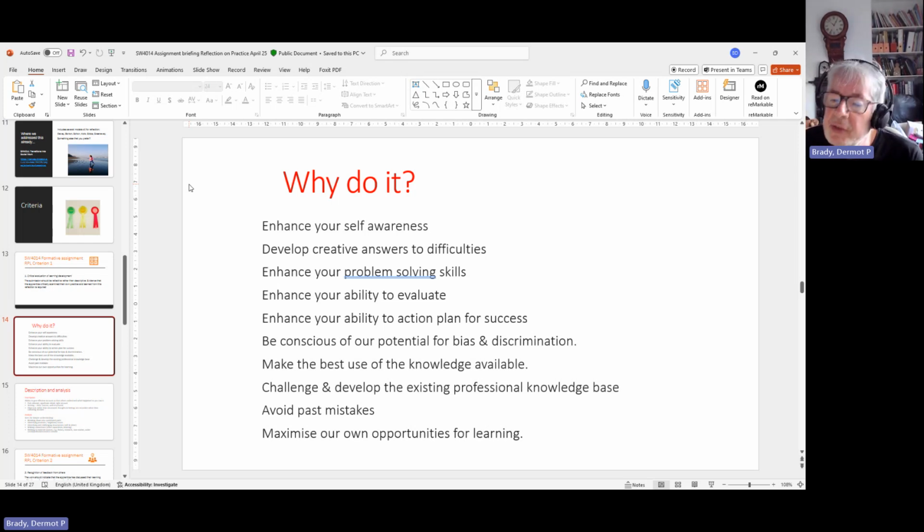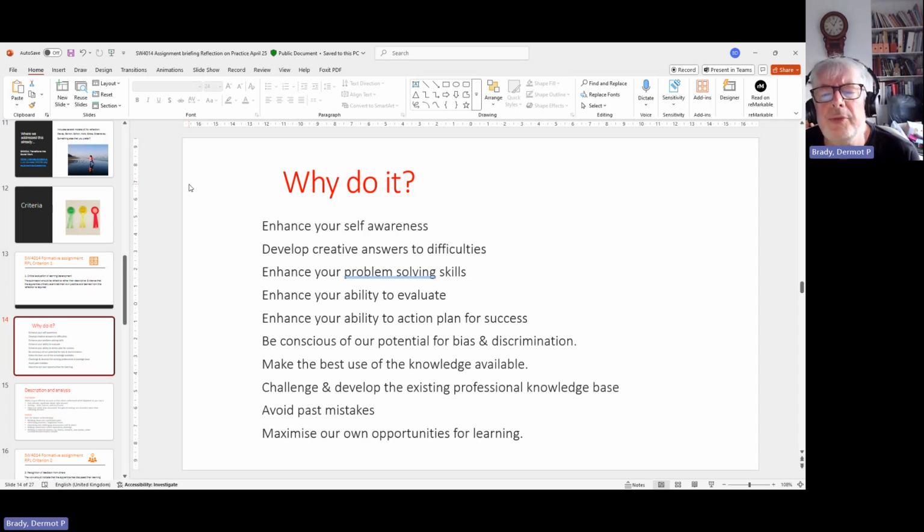Reflection helps us make the best use of the knowledge available. It's not very well and good reading a textbook or an academic article; the process of reflection helps us to link that to the real world and to our practice. And of course, that's part of challenging and developing the existing professional knowledge base. Perhaps that's a higher level of reflection.